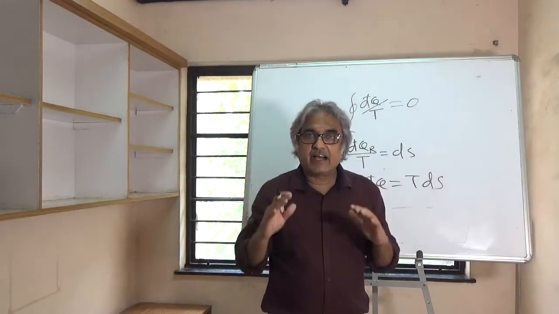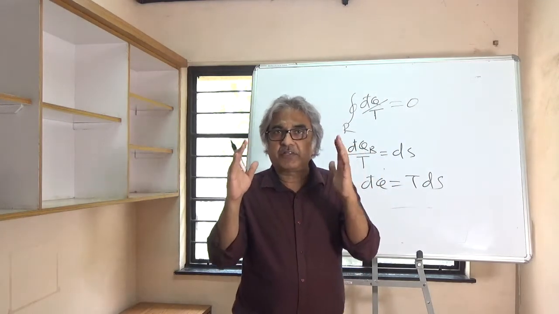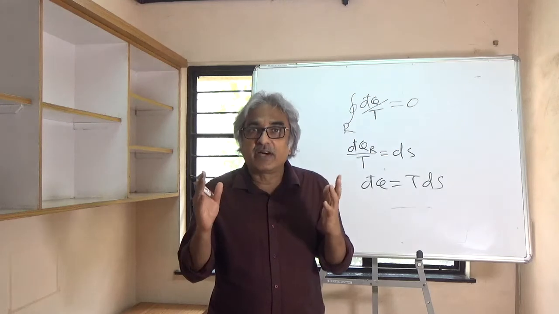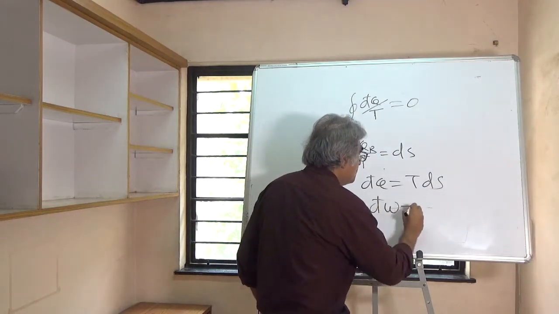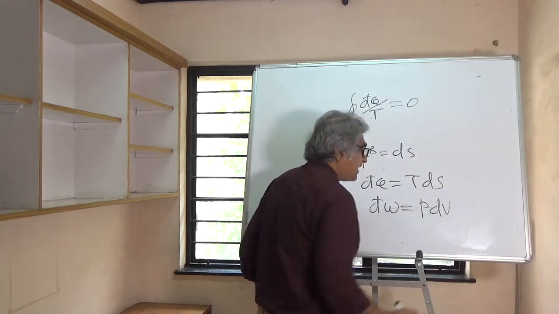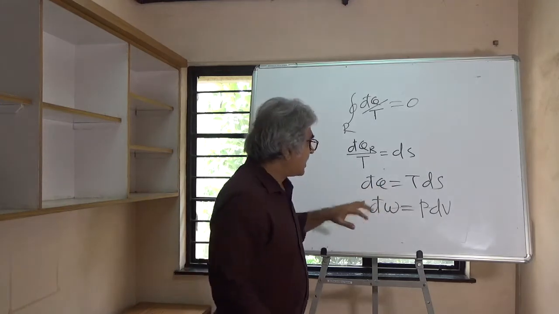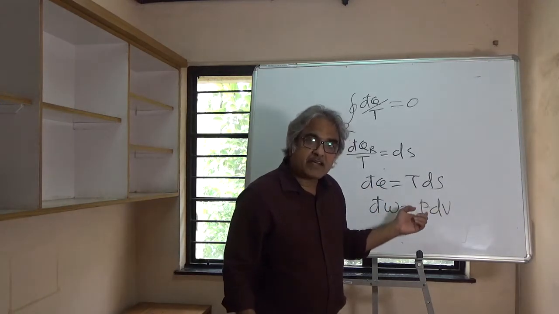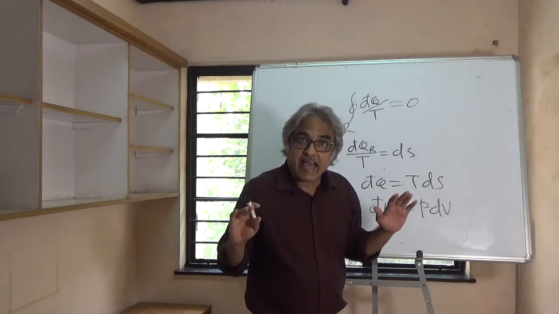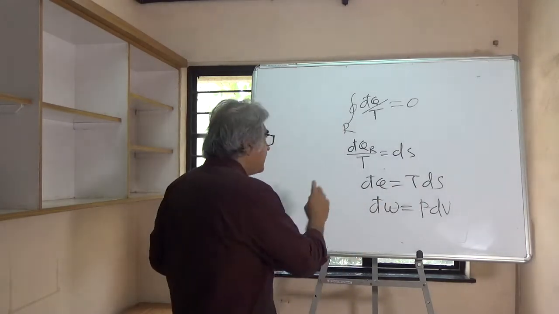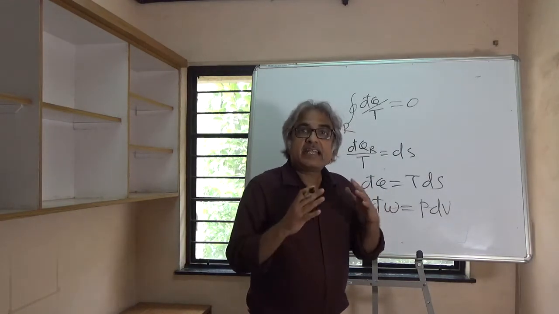And we know that area under any process line drawn on a PV plane gives you work transfer, right? So we know that dW is PdV. That is, dW is work transfer, and the chart is pressure volume chart, where volume is along x-axis. Okay, so similarly now we can represent any process on a TS plane.